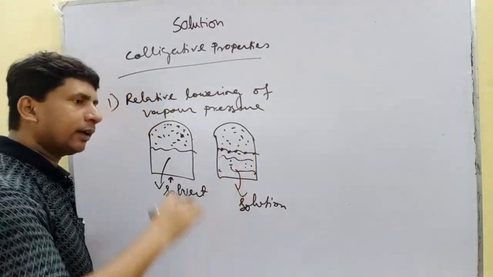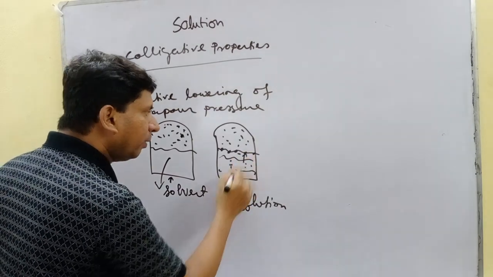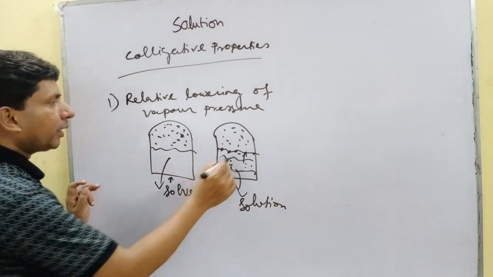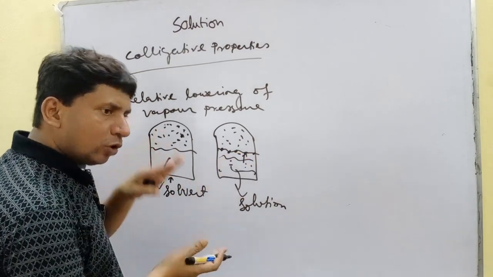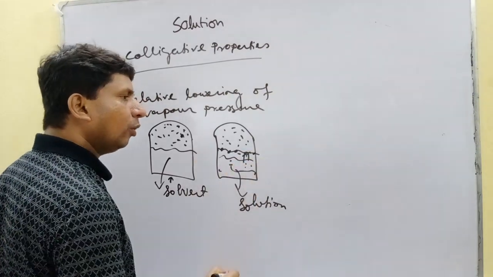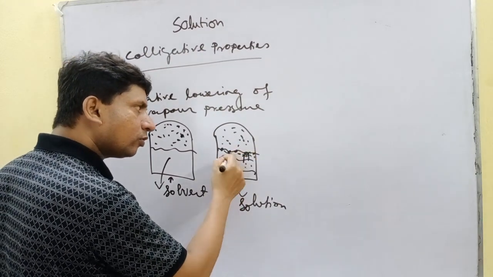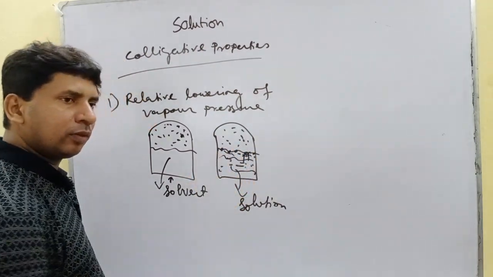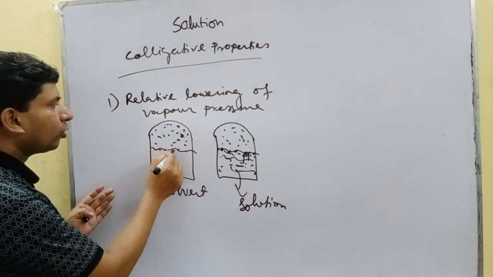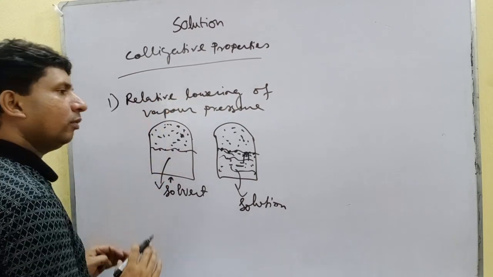These solute particles resist the solvent particles moving to the upper side, that is, they resist the solvent particles escaping from the solution. In pure solvent there are no solute particles, so there is no resistance, only solvent will vaporize.